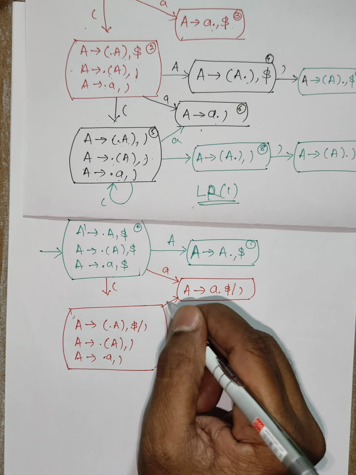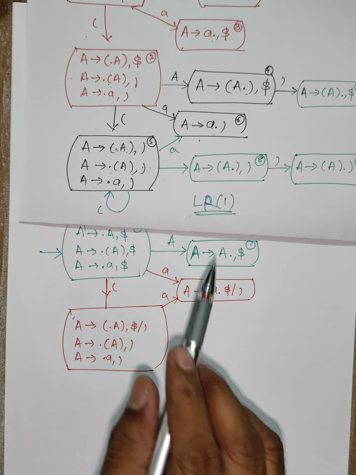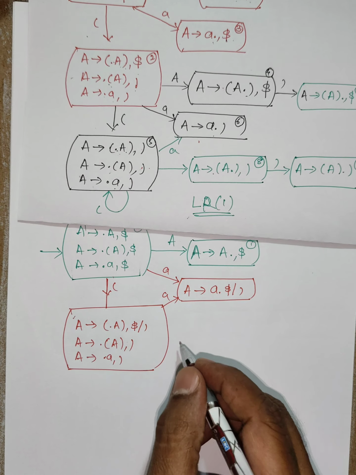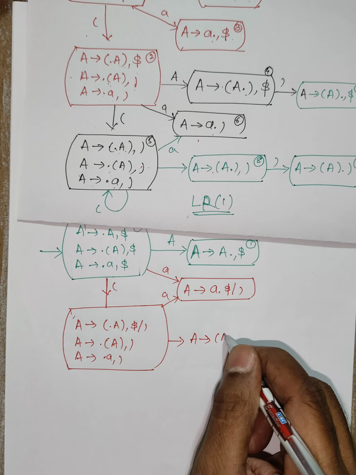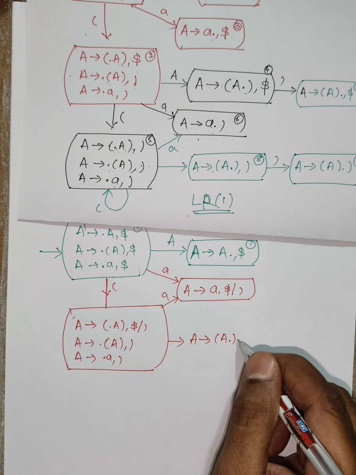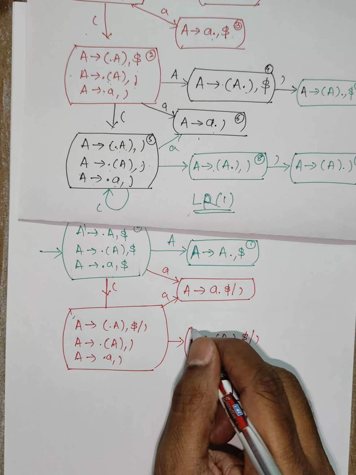On A, on A. Next, combine these two. Combine these two means A produce opening bracket A dot closing bracket comma dollar slash closing bracket.